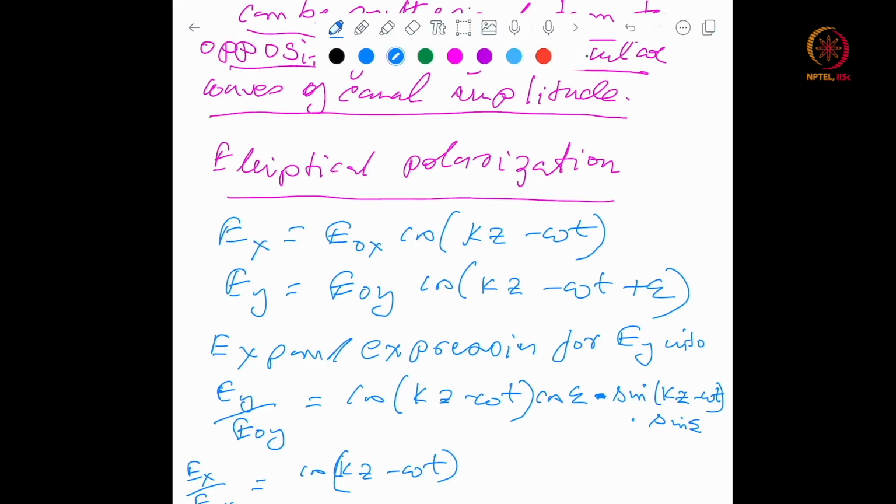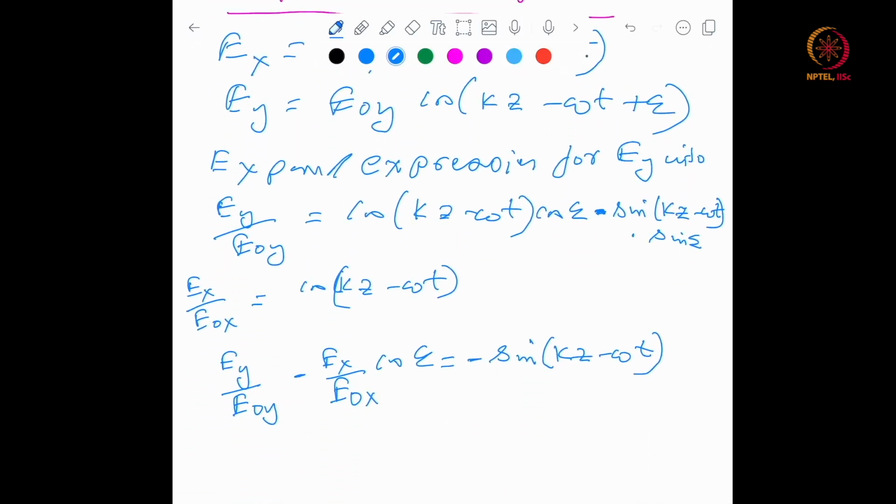If you combine these two things together, therefore it will be Ey/E0y minus Ex/E0x cos ε equal to minus sin(kz − ωt) sin ε.